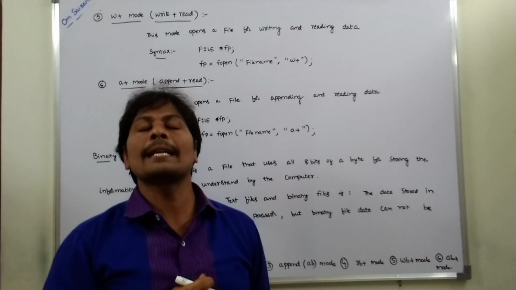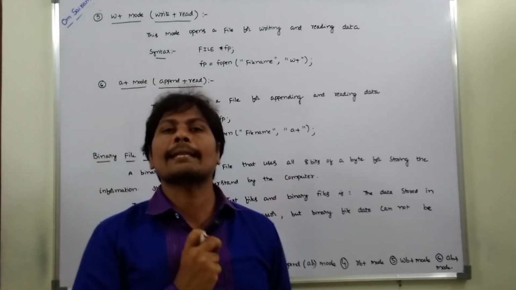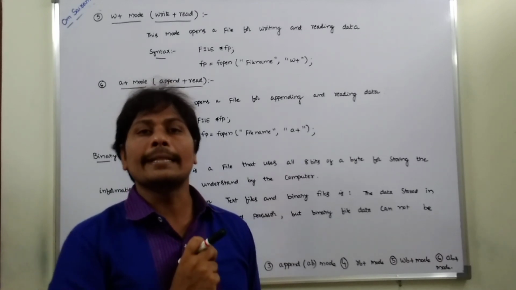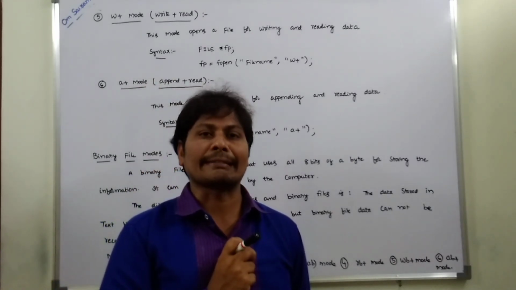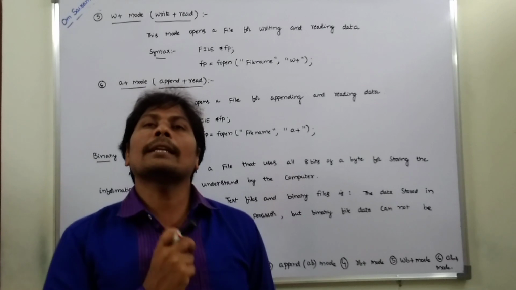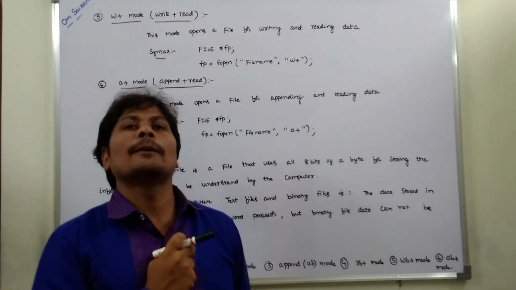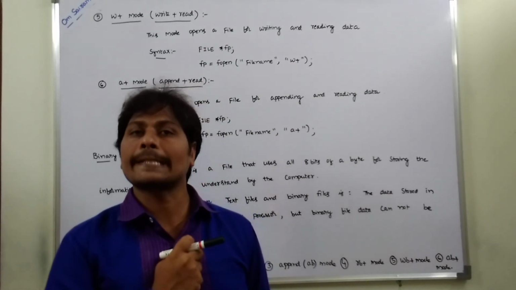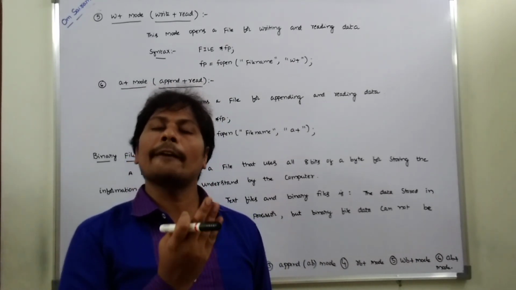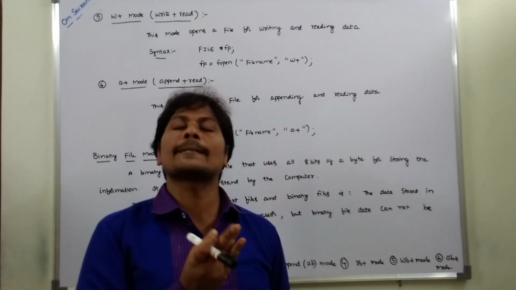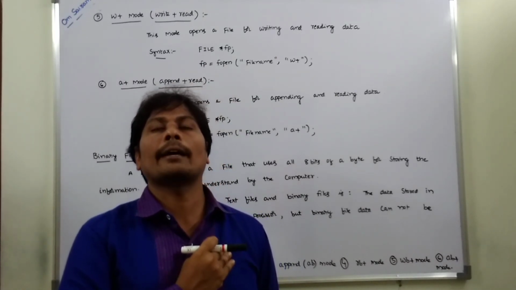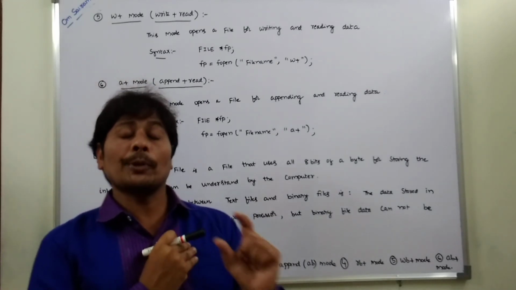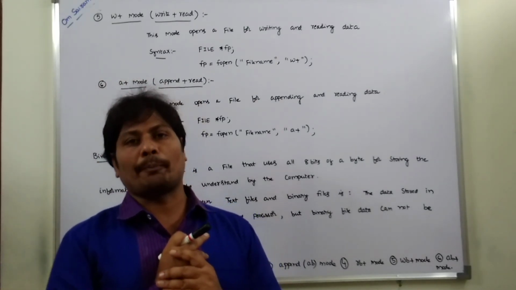Text files contain only text information, that is alphabets, digits, and some special characters. The text file can store the information by using ASCII format. ASCII uses 7 bits, so each and every alphabet, digit, and special symbol is stored in 7-bit format.